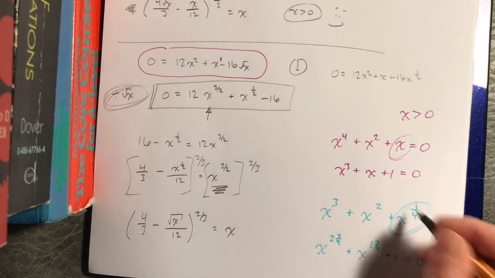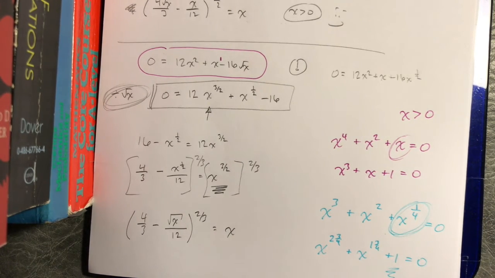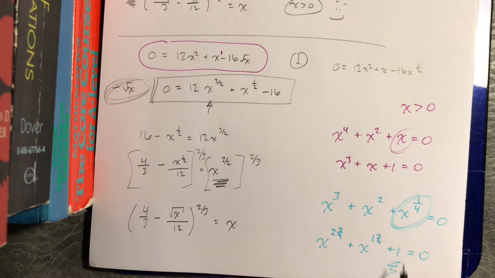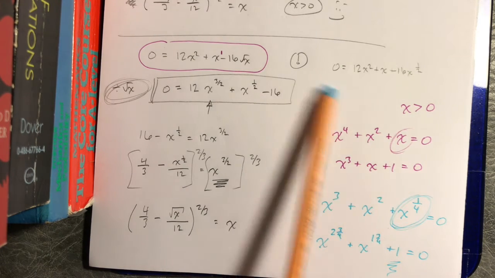In other words, I'm dividing through by x to the 1/4. And it does kind of tidy it up a bit for some value of tidy. We can sit down and have an argument about what tidy means, but that's the motivation.